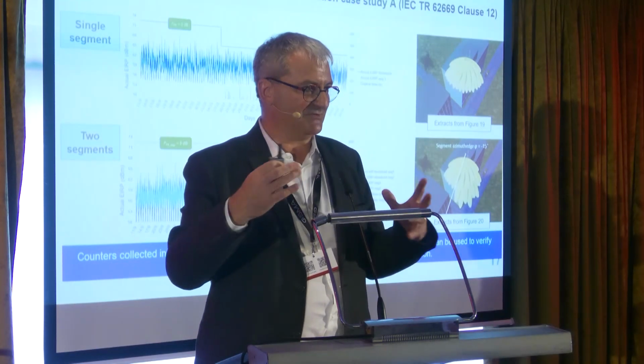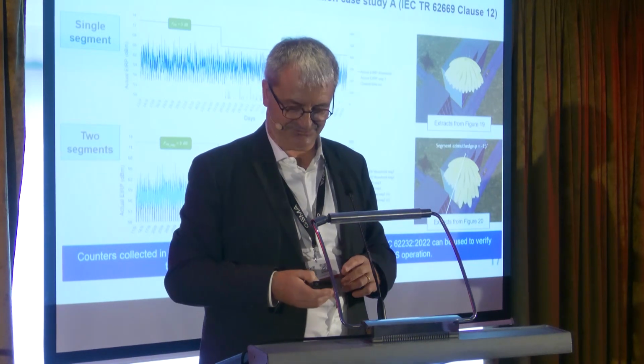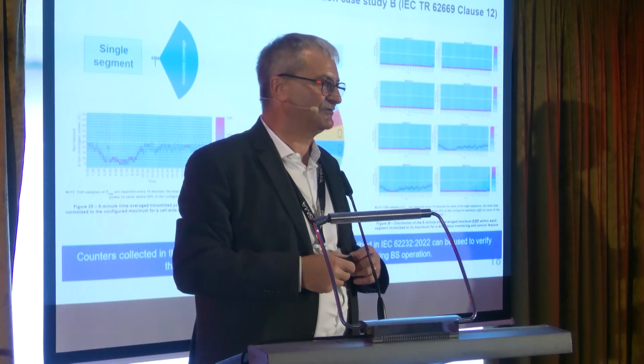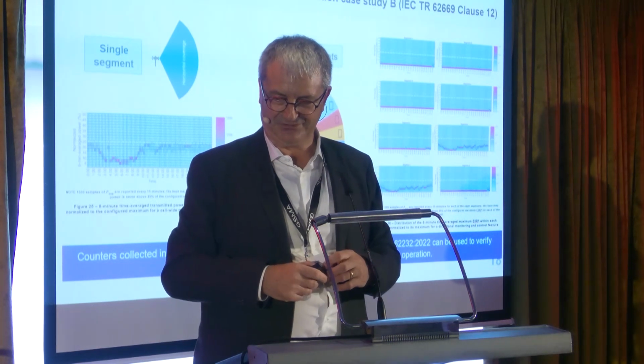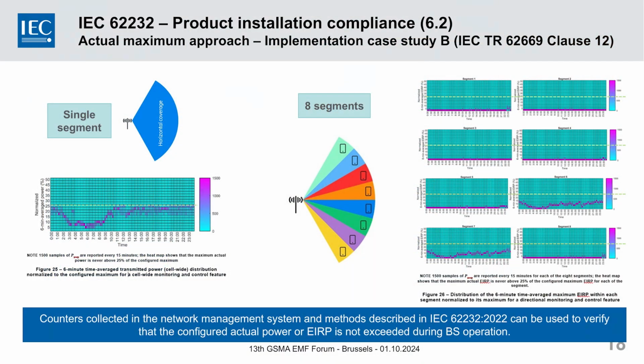So the technical report provides more information on the details of the implementation. And this is a similar study done by another member. Here they control not with 2 segments, but with 8 segments.